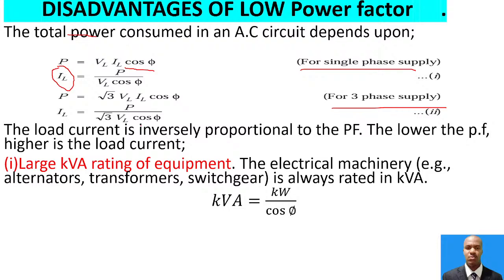Then the other factor touches on the supply current, and it makes the size of the conductor increase.